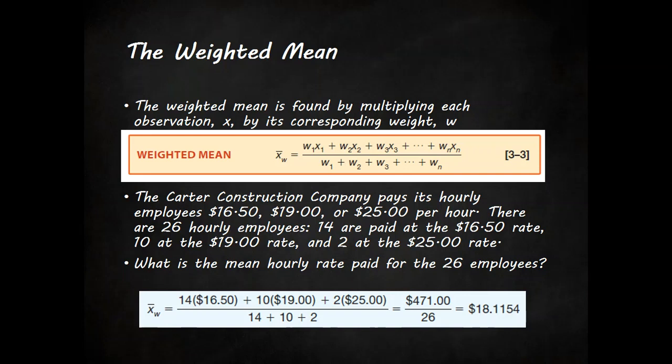In all honesty, this isn't any different than the arithmetic mean. It's just combining all of the observations of a particular number and multiplying it, which makes it a little simpler.